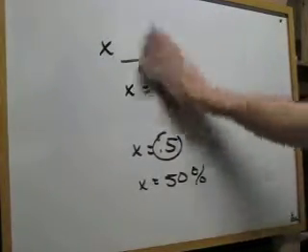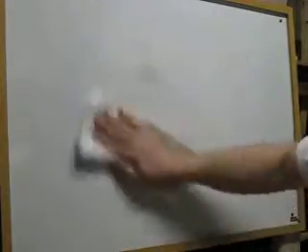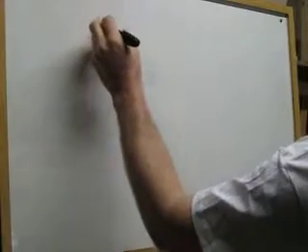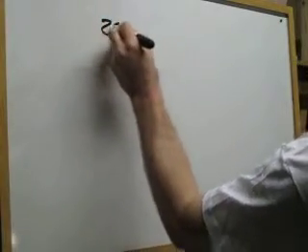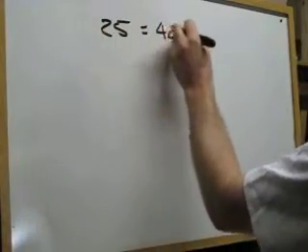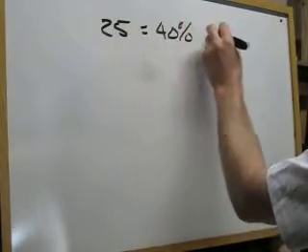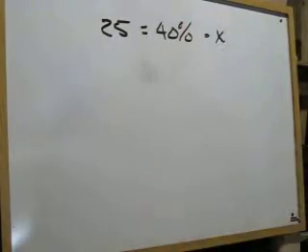Whenever you're solving these, you're not working with percents, and if they want it as a percent, at the end you're going to have to move that decimal place over two in order to make it into a percent. So not only do you not work with percents, you don't get a percent as an answer until you turn it back into one. Alright, so example 3. 25 is 40% of what number?